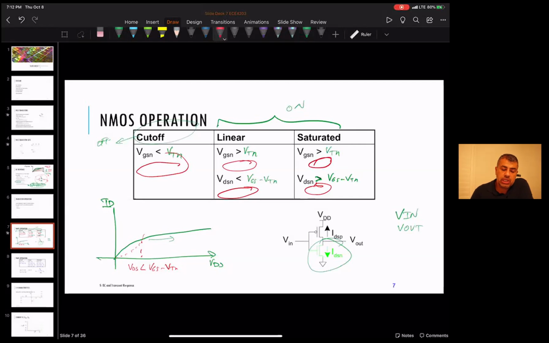It's pretty simple for the NMOS, just in terms of V in and V out. And this practice will help us in a couple of slides. Once you guys take a couple of minutes, just try to do that. So just rewrite these equations in terms of V in and V out.